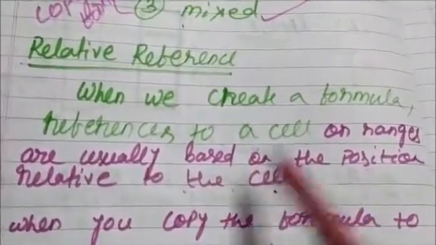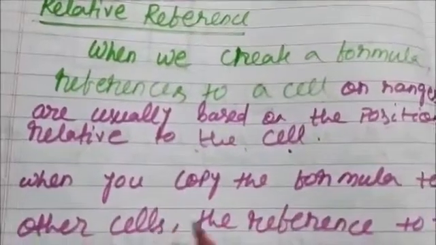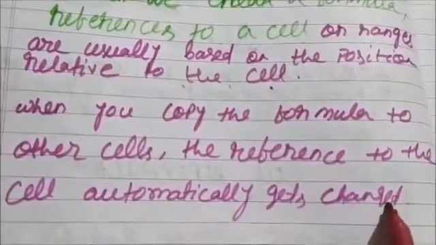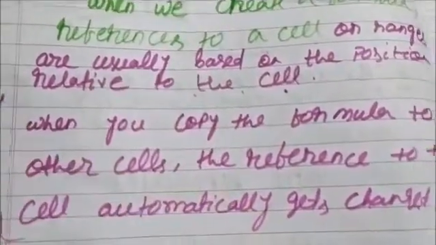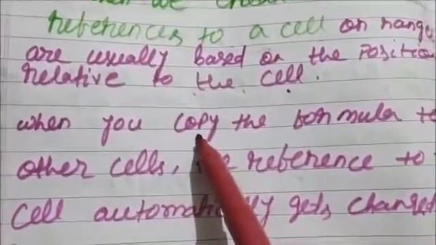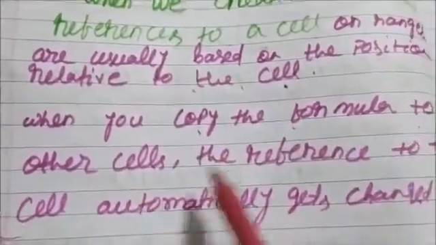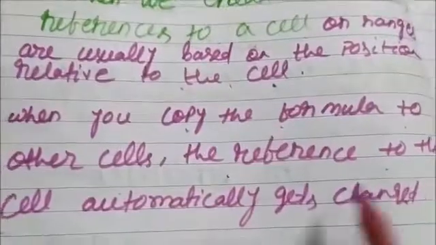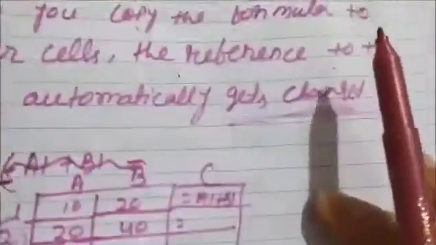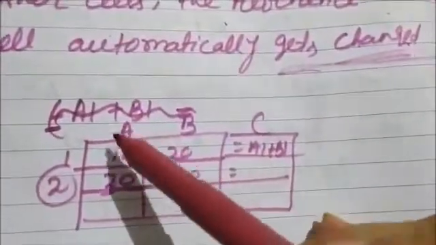And when you copy the formula to another cell, the reference to the cell automatically gets changed. That is the relative reference. Now it will be more clear from the example.